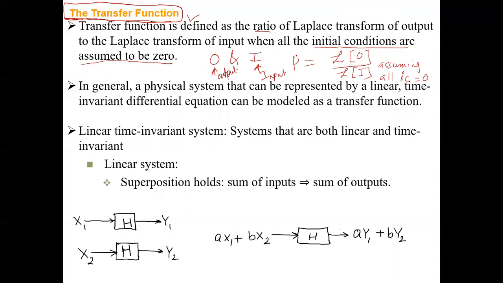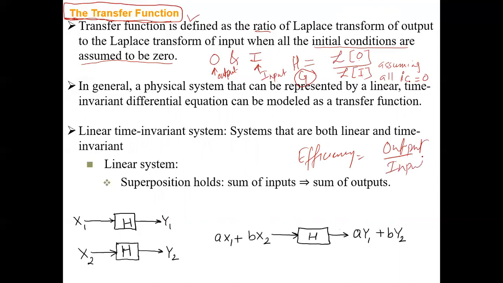Sometimes we represent this by H, sometimes by G. I think the book uses G. So G, the transfer function, is defined as the ratio of the Laplace transform of output to the Laplace transform of input. It's like defining efficiency, right? In a simple machine, efficiency is defined as output over input, like in thermodynamics.